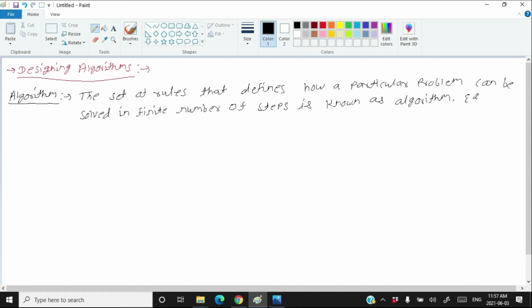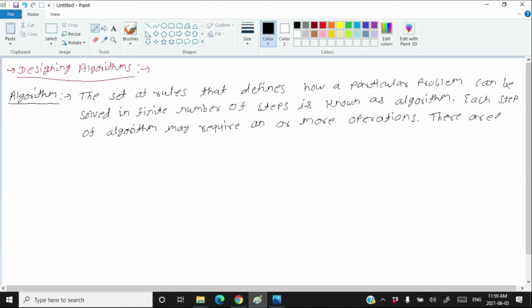Each step of an algorithm may require one or more operations. There are certain constraints, meaning a set of rules, a set of boundaries, to be placed on the type of operations.